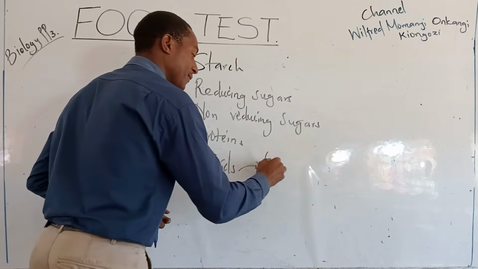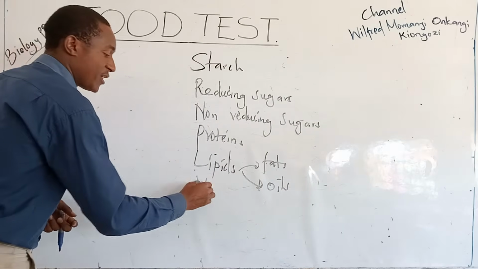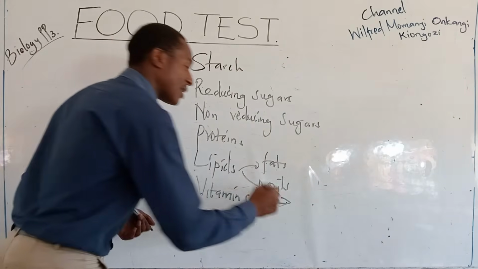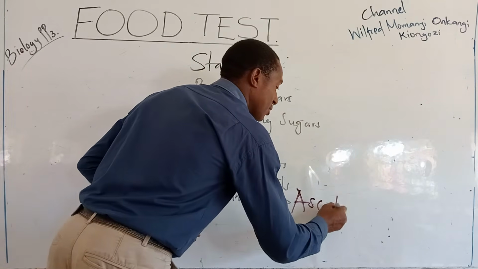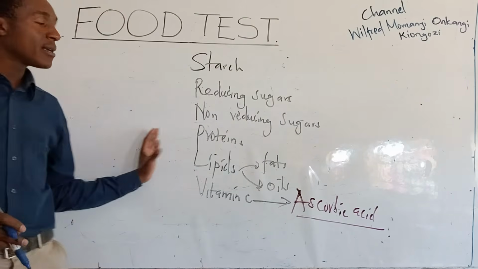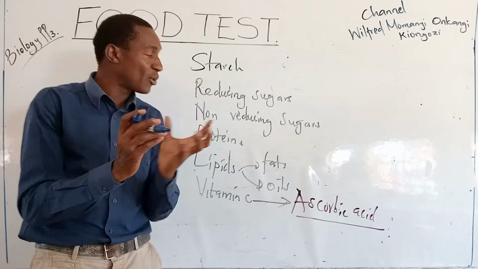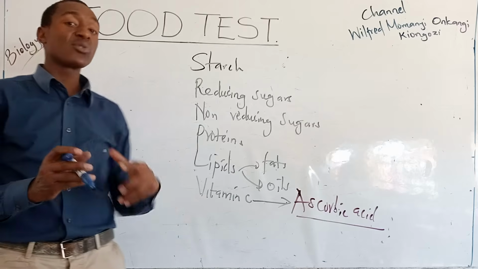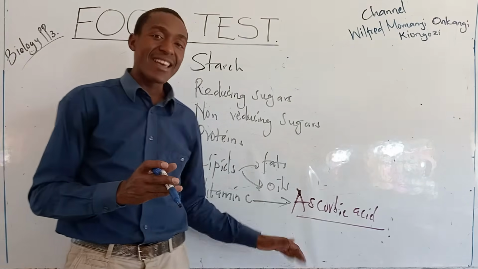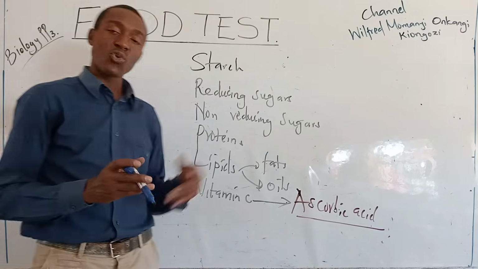Lipids can be fats, can also be oils. We also have vitamin C, commonly known as ascorbic acid. The essence of studying these things is to understand, for example, if your food sample has these ones, and also to understand the importance of these food substances in the human body and how it helps animals to get good health.